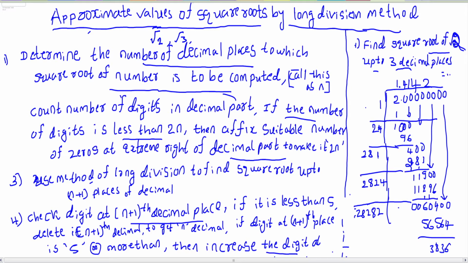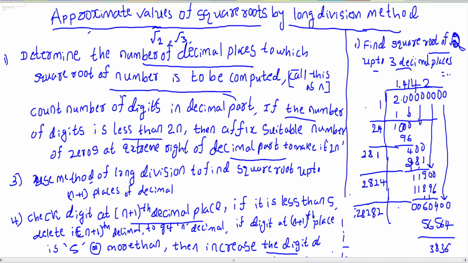Once they are irrational, they cannot be expressed as p by q. Why? Whatever the decimal places in them, they never repeat. They are non-terminating. The decimal places never end.